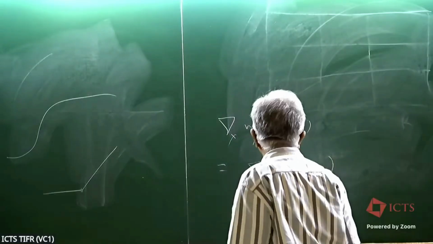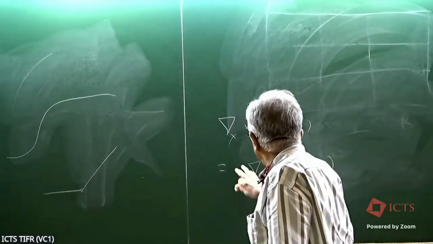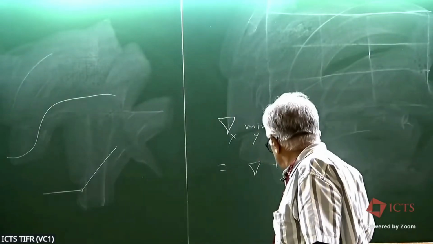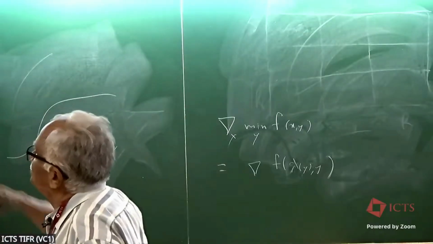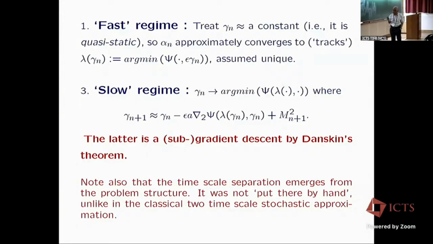This actually is correct under nice conditions. Otherwise, one gets a subgradient, but some version of this is always true by a theorem known as Danskin's. Quite popular in optimization, also in game theory.